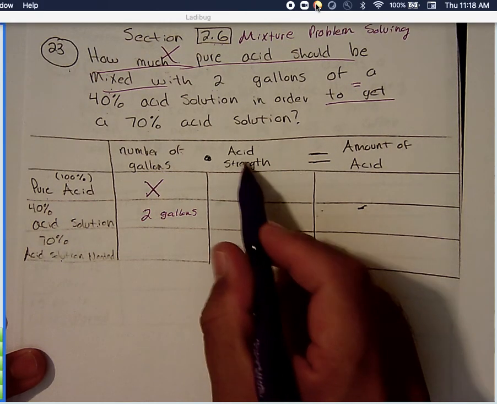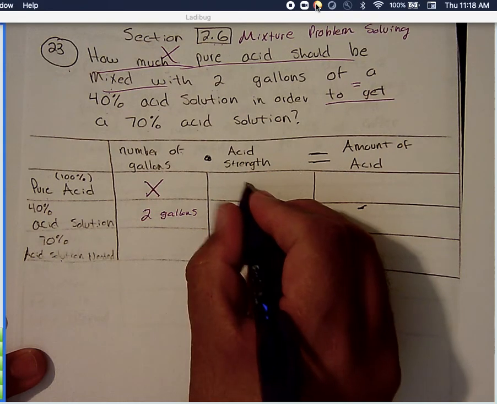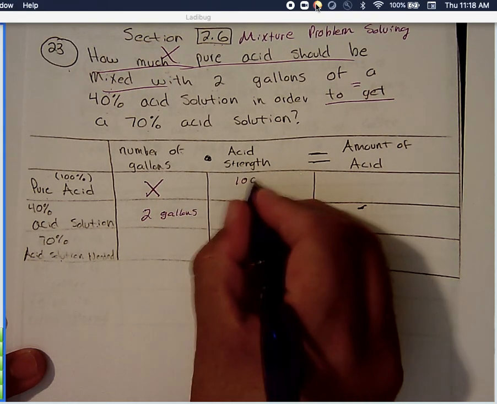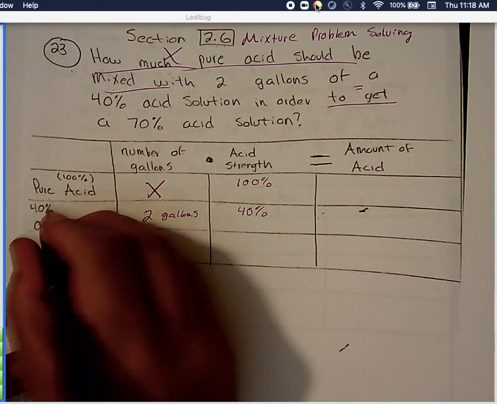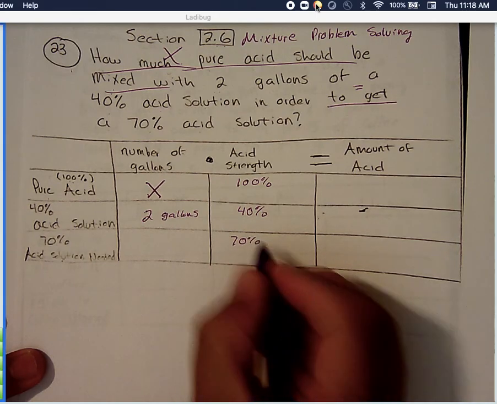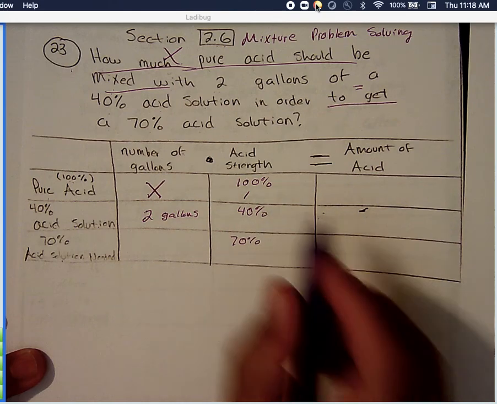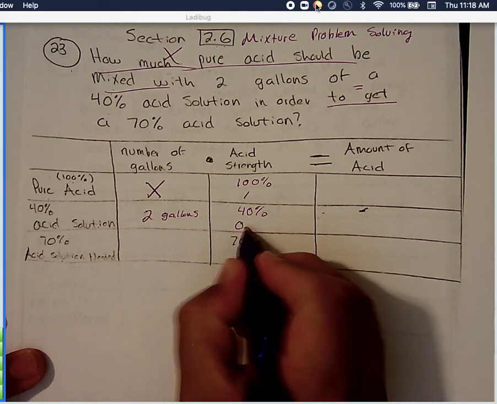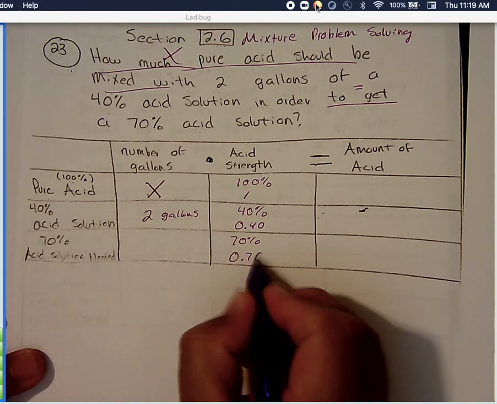Now the acid strength. The acid strength for this would be 100%. This is 40%, right? It tells you here. And this is 70%. For mathematical purposes, this would become a 1, this would become a 0.40, and that would become a 0.70.